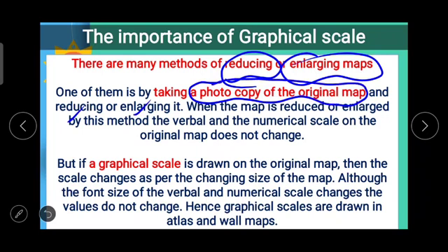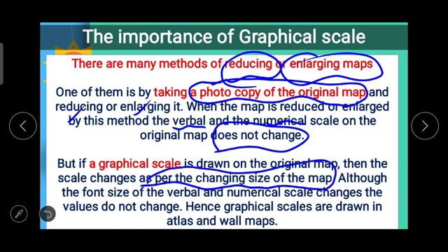When the map is reduced or enlarged, that is, made smaller or bigger, by this method the verbal and the numerical scale on the original map do not change, because the numbers remain the same whether it is reduced or enlarged. But if a graphical scale is drawn on the original map, then the scale changes as per the changing size of the map. Although the font size of the verbal and numerical scale changes, the values do not change, and hence graphical scales are drawn in atlas and wall maps.